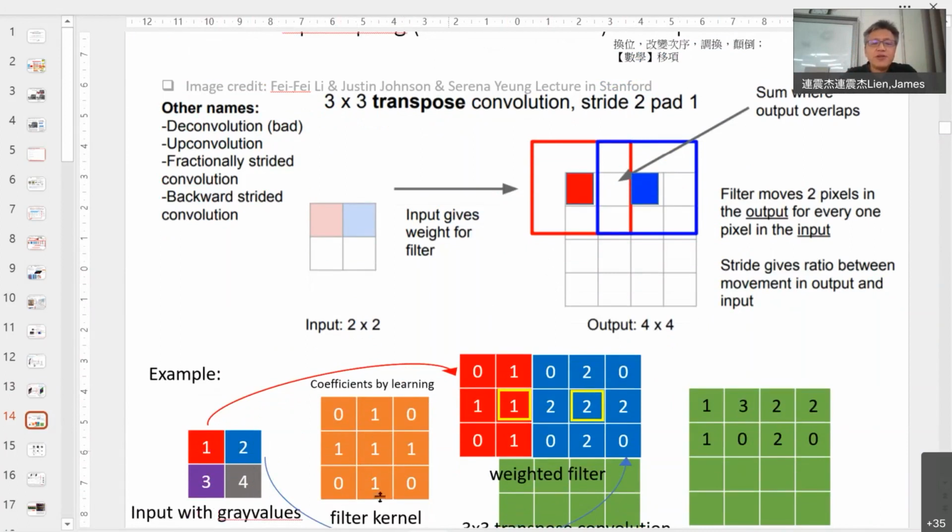Suppose your filter size is this one, and we do upsampling 2 times. From 2 by 2, we want to become 4 by 4. So how can you do that? One easy way is stride 2, padding 1, stride 2.